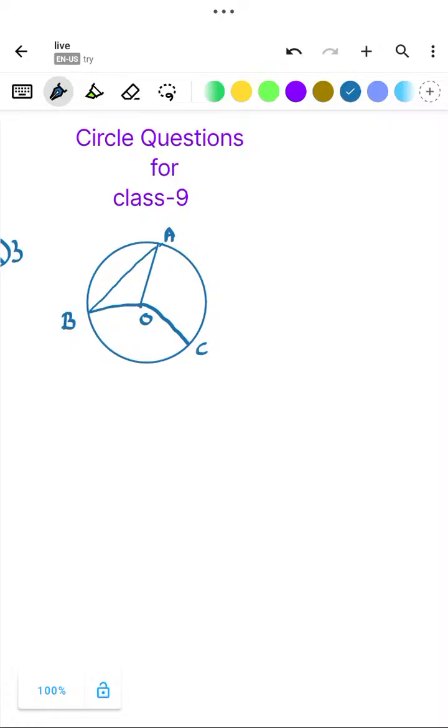Now if I join BA and CA like this, okay, this angle is given 80 degree and this angle is given 110 degree. Then you have to find angle BAC.